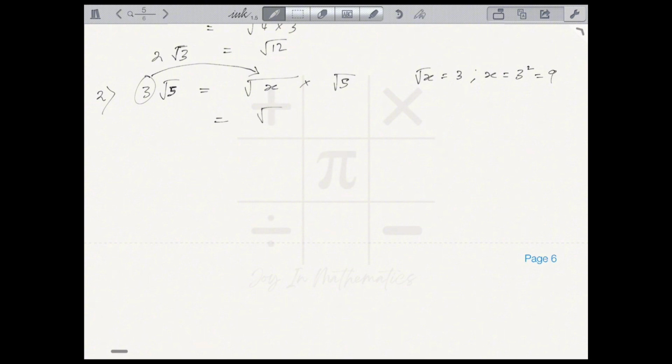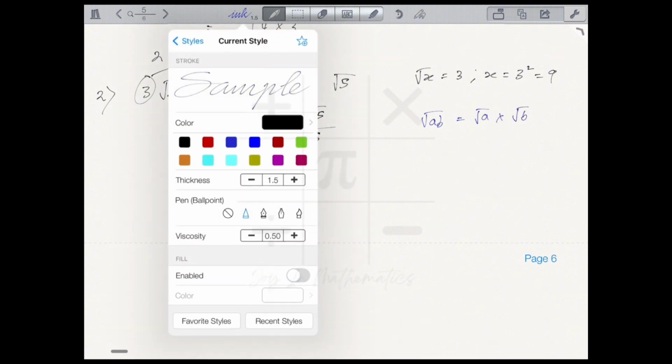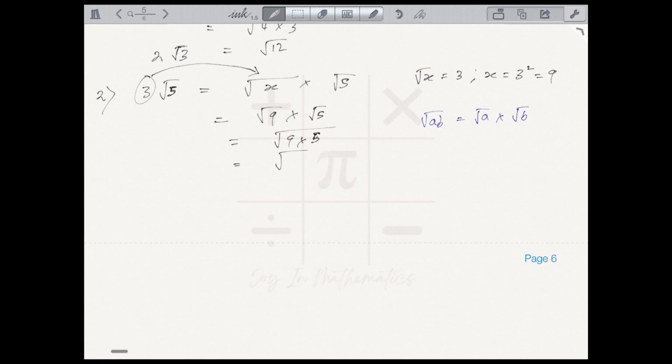So this will be root 9 multiplied by root 5, and in essence, this is root 9 times 5 when we apply the multiplication rule, root ab equals root a multiplied by root b. 9 times 5 is equal to 45. So 3 root 5 is equal to root 45.